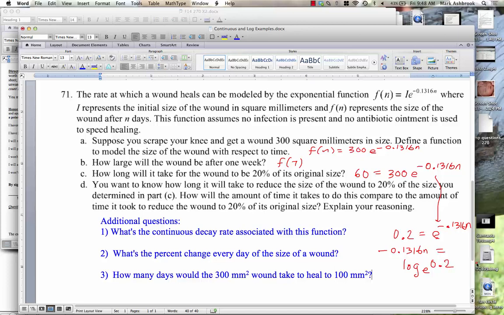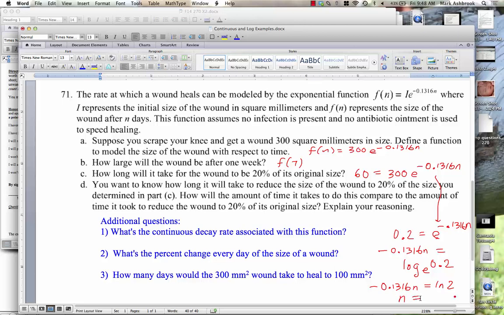Practice this. That's the exponent of e that gives 0.2: log base e, or natural log of 0.2. So it's going to be natural log of 0.2 divided by negative 0.1316.